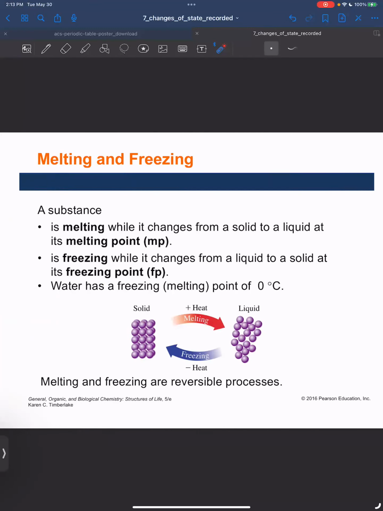For melting, it's an endothermic process, so heat energy is absorbed, which indicates that positive sign there. For freezing, heat energy needs to be released in order to cool it down, and so that's why it has a negative sign there, but they're reversible. All the difference is the direction of the heat energy.